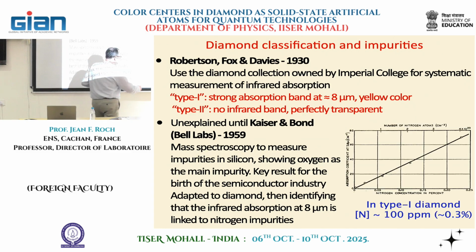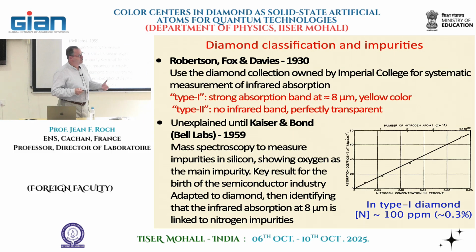You see here the nitrogen concentration in percent, and you see here the absorption coefficient measured in the 5 different diamond samples, from something very pure, almost zero nitrogen, so that would be almost a type 2 diamond, to a type 1 diamond with this specific yellow color.